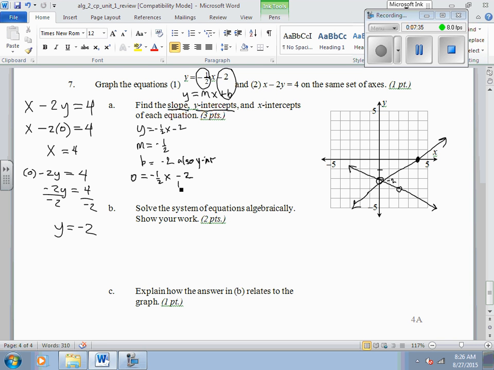So that means I'm going to add 2 to both sides. That'll give me 2 is equal to negative 1/2 x. How do I solve that for x? I want to get this out of the way. Multiply the reciprocal.